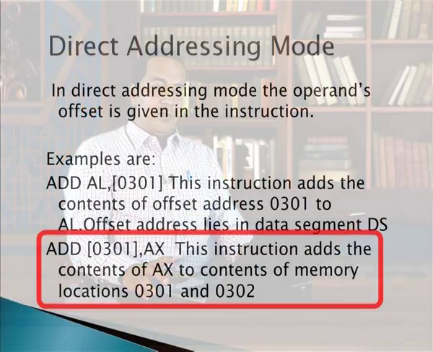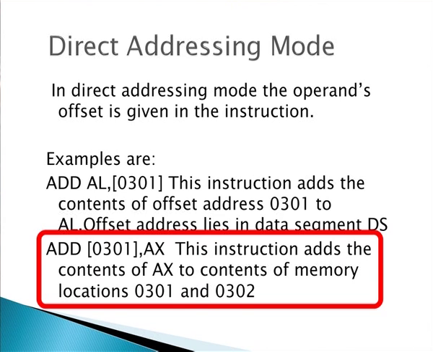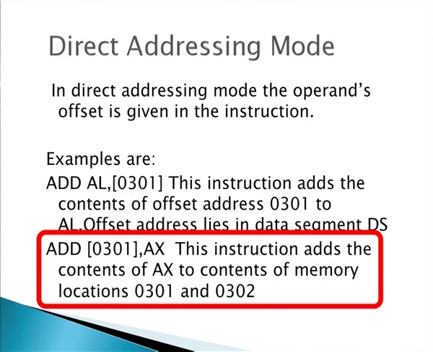In this instruction, the contents of the AX register will be added with the contents of memory locations 0301 and 0302. 8 bit data will be provided by memory location 0301, it will be the lower byte, and 8 bit data will be provided by memory location 0302, and 16 bit data will be provided by the contents of AX, and when the result is available, it will again be stored as the contents of 0301 and 0302.